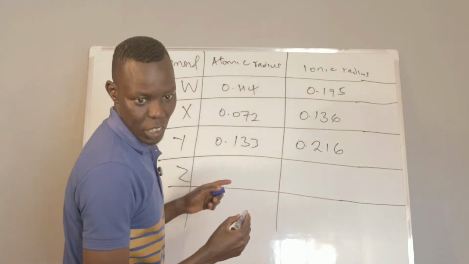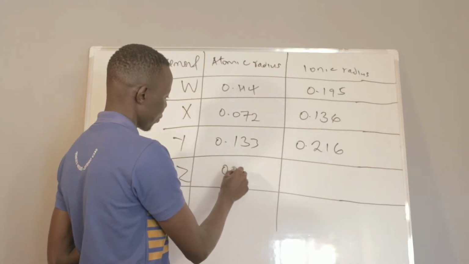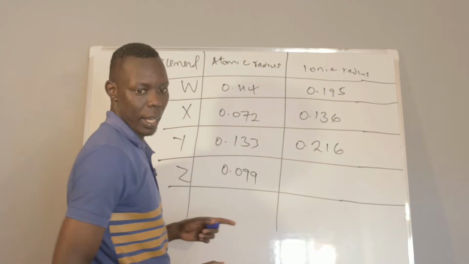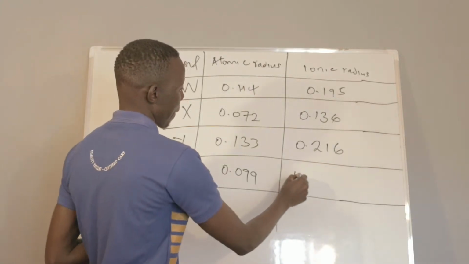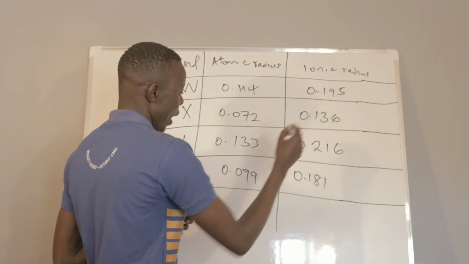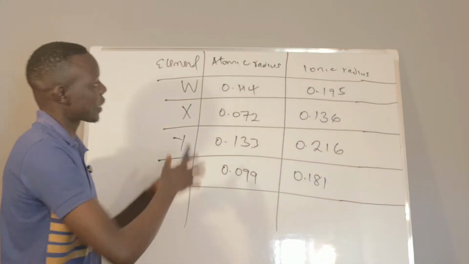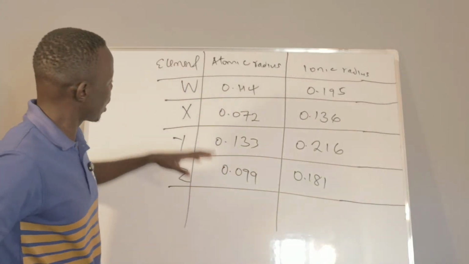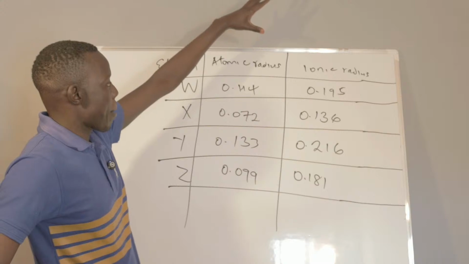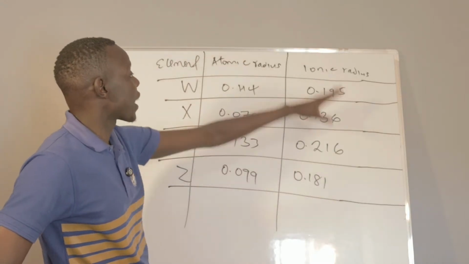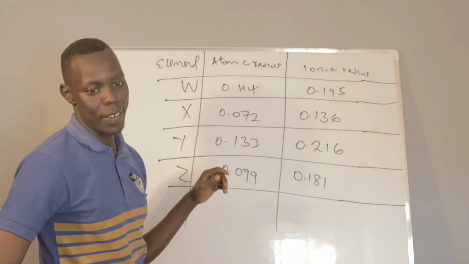For Z, it is 0.099, and then on the other side, it's 0.181. Now, the question here is, that's the table. And we can see that in these four elements, the ionic radius is larger than the atomic radius.